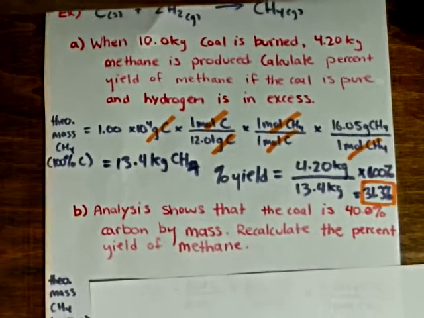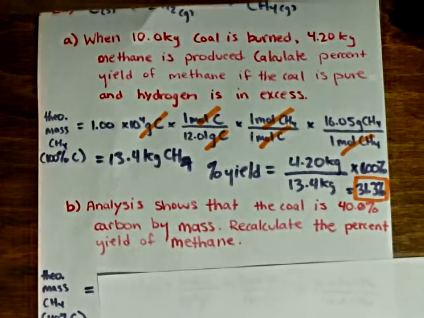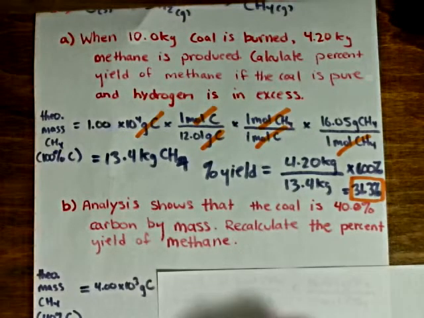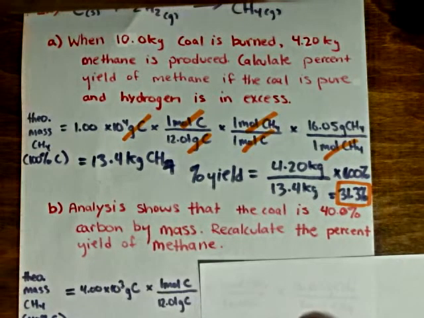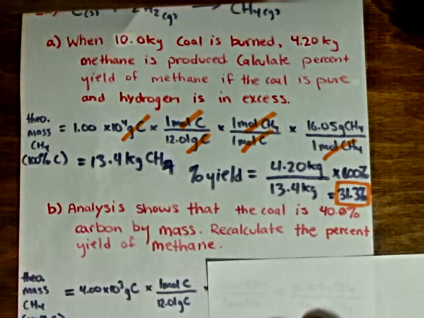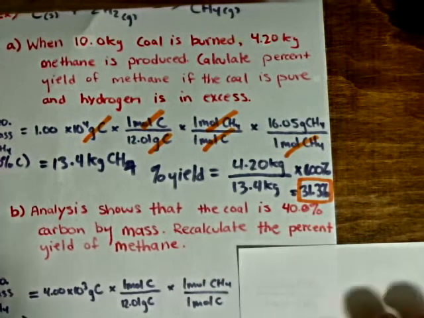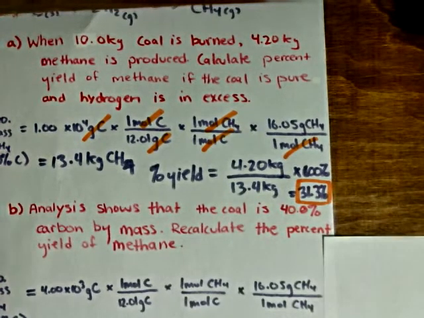So if we do that calculation, it's the exact same as the calculation above. The only thing that's different is the initial mass of carbon, which in this case is 4,000 grams, or 4.00 times 10 to the 3 grams of carbon. Again, we use the molar mass of carbon to get an amount in moles of carbon, times the molar ratio between carbon and methane, times the molar mass of methane, to end up with a mass of methane.